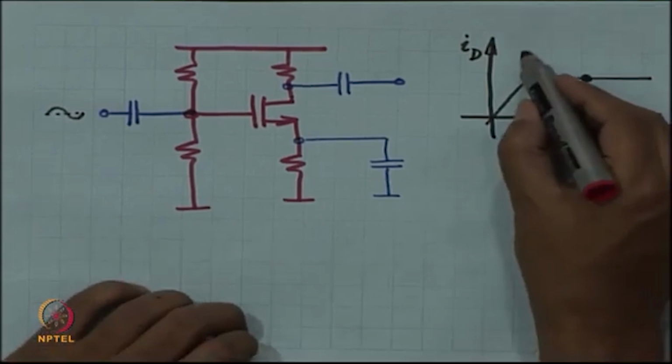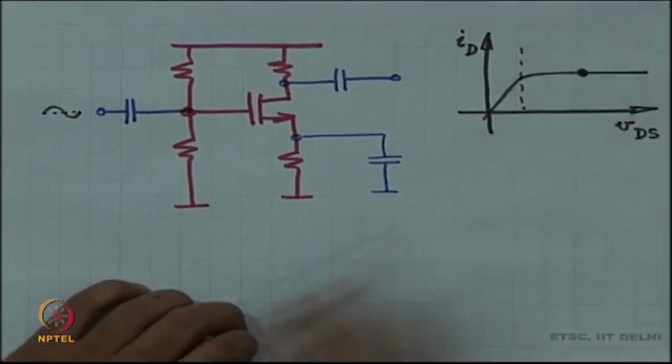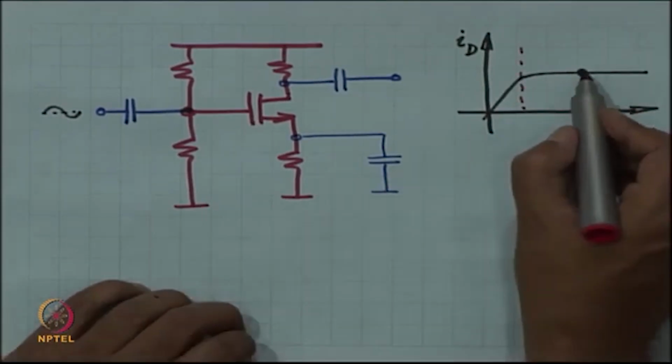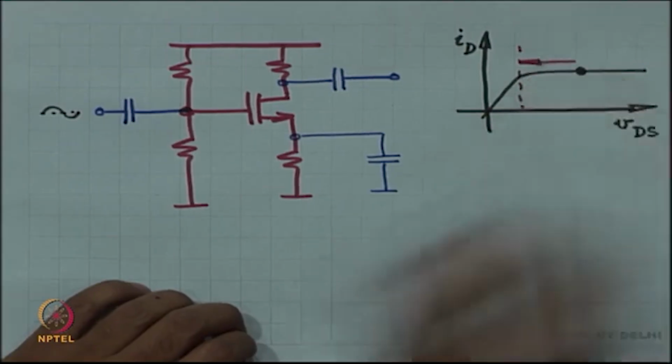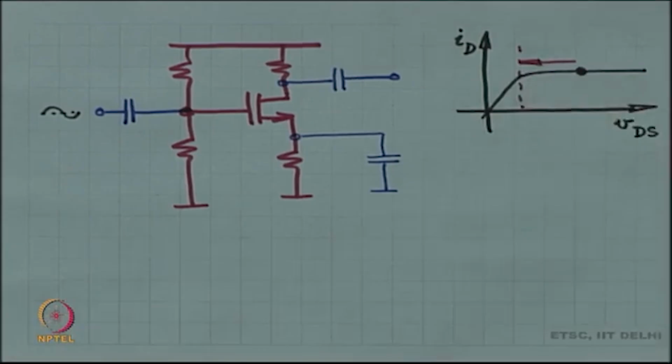So, the largest change in the drain voltage, in the drain to source voltage that you can have, is so much, right. Beyond this you are not allowed to change the drain voltage. Okay. So, that is one point, one extreme.